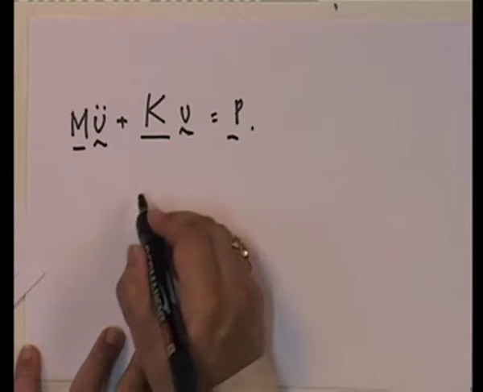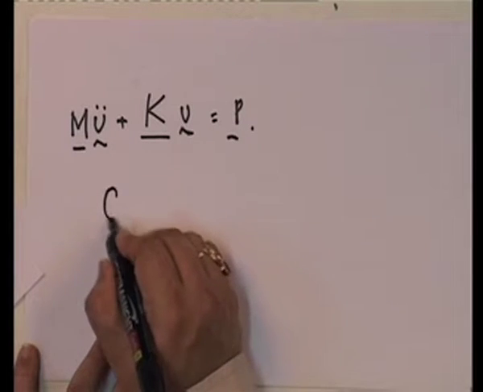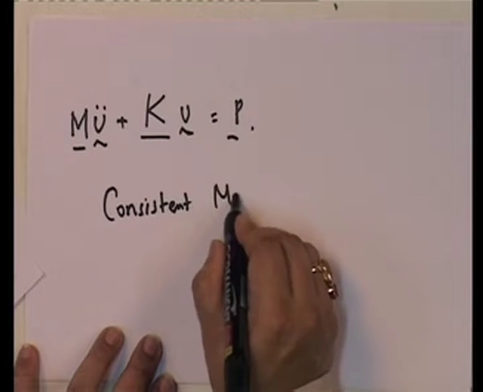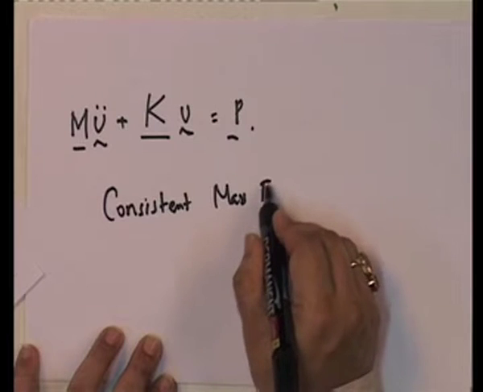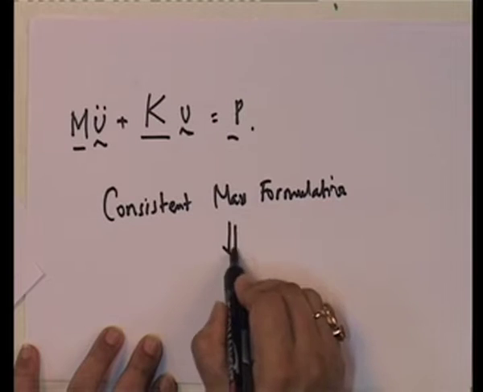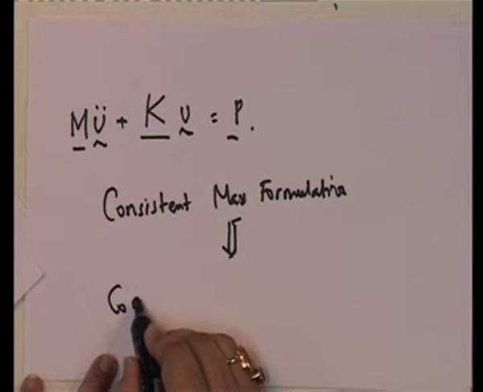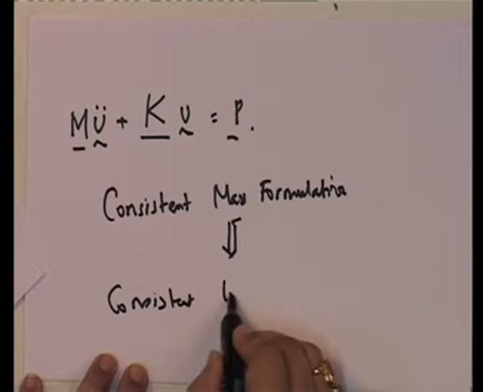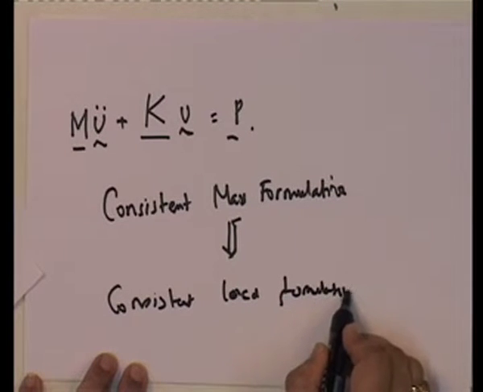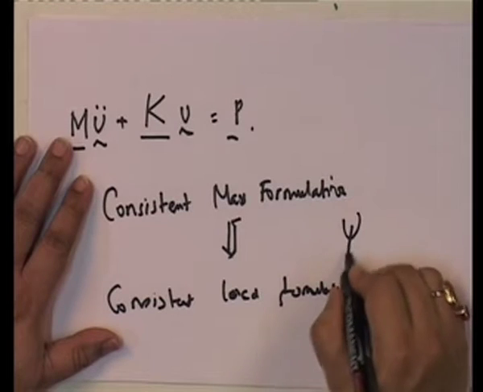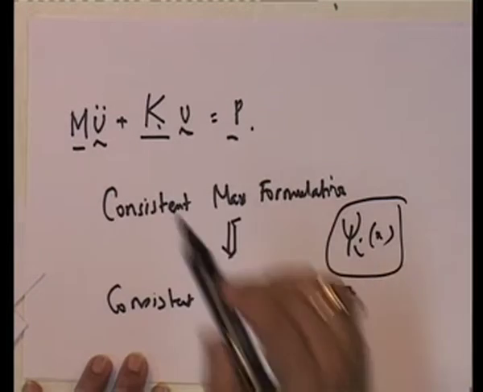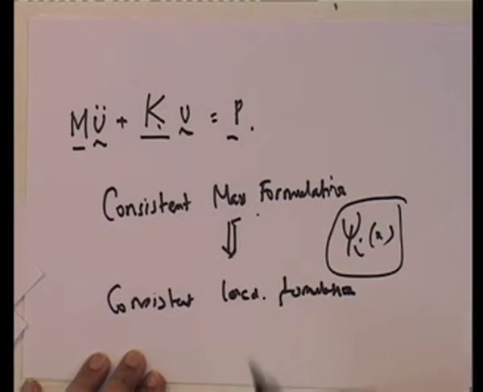Now, if I use the consistent mass formulation, then it is obvious that I have used the consistent load formulation. In other words, the xi_i's are used consistently for k, for mass and for load.